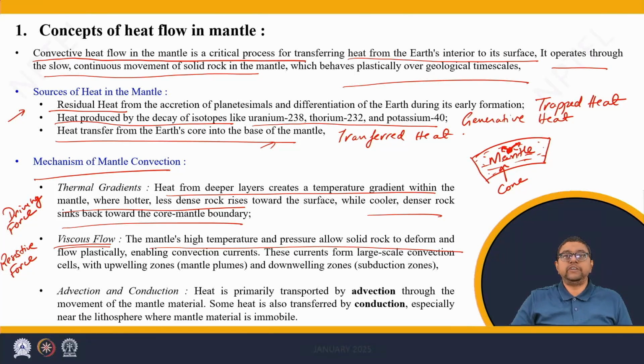The high temperature regions in the mantle partially melt the rock and it becomes soft. This allows plastic deformation of the rock and creates a shearing effect and convection currents.